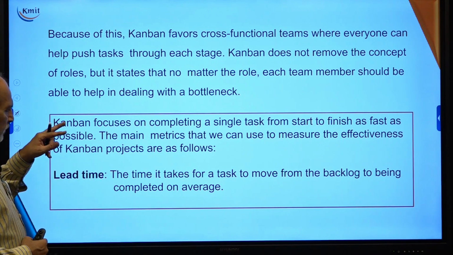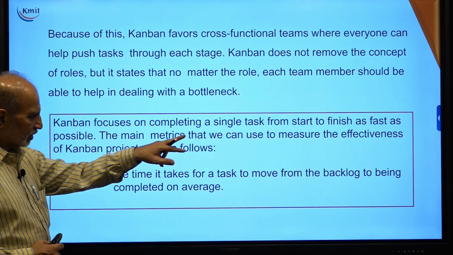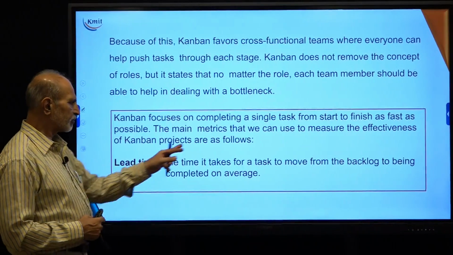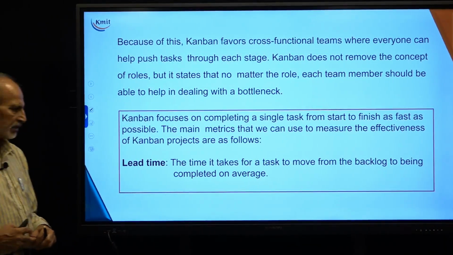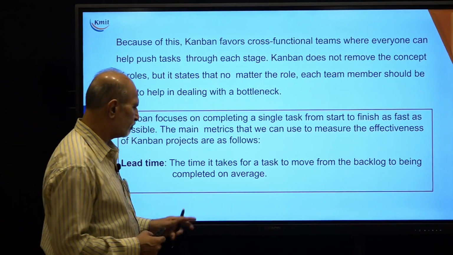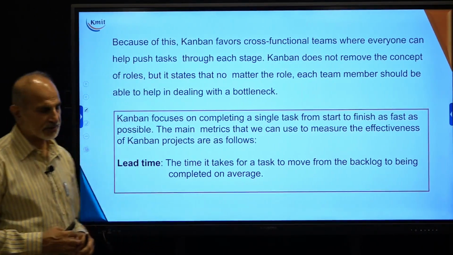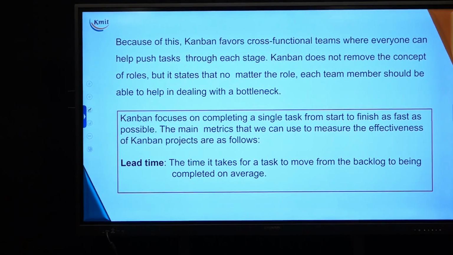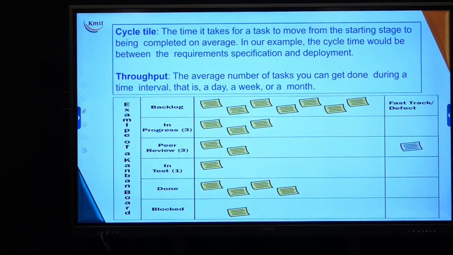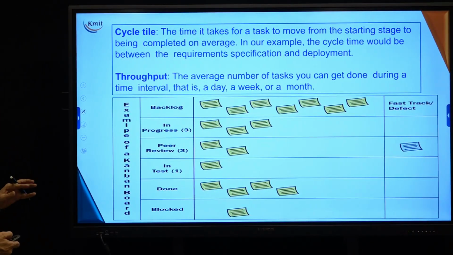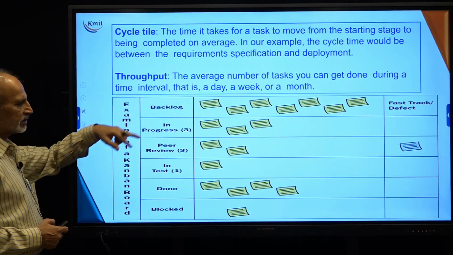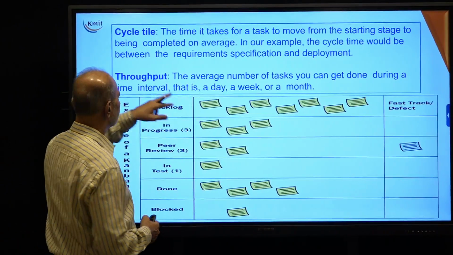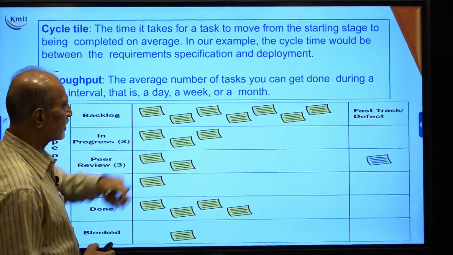The main metrics that can be used to measure the effectiveness of a Kanban project are very simple: lead time, the time it takes for a task to move from the backlog to being completed on average, so you can see that the project life cycle becomes very fast; and cycle time, the time it takes for a task to move from a starting stage to a completion stage on average. Cycle time would be between the requirement specification and the deployment.